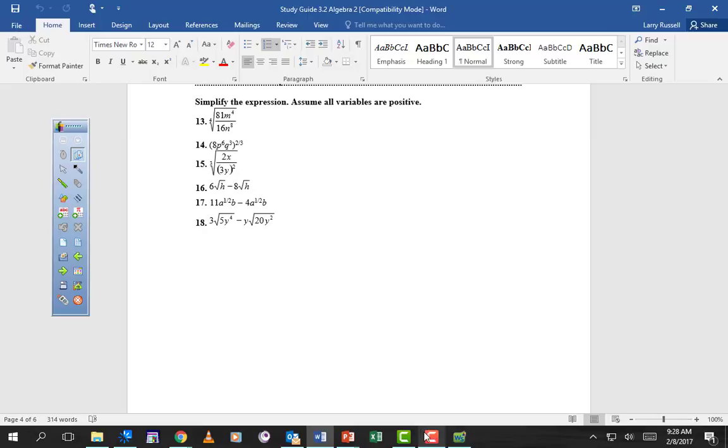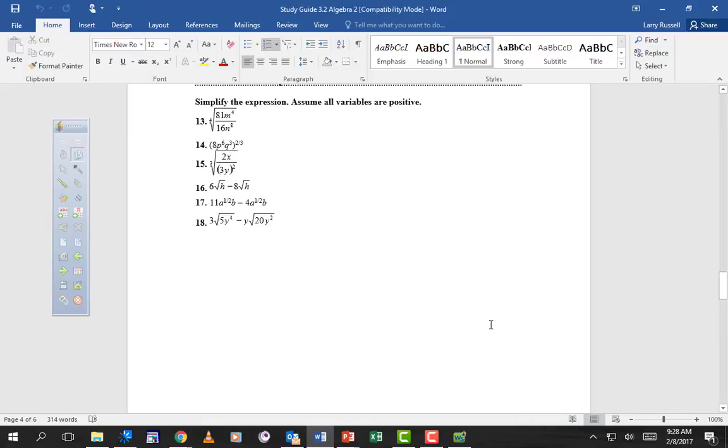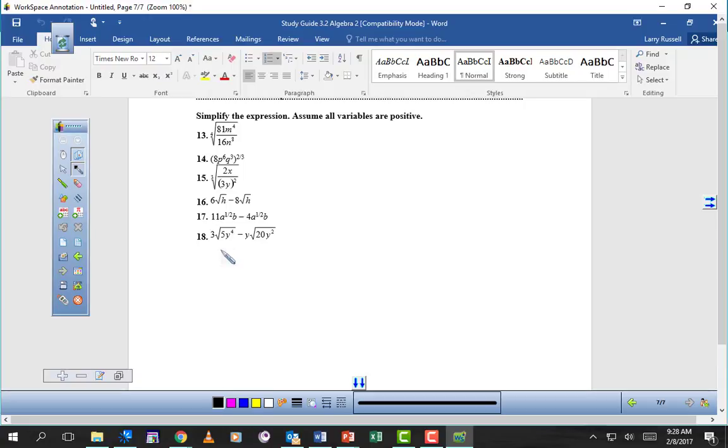Well, what did I do now? Well, we're simplifying this one. And so what we had here, I was trying to minimize that. What we had here is this was 3y squared times the square root of 5.